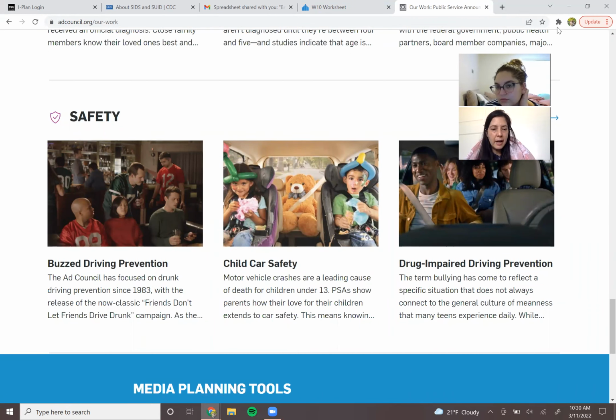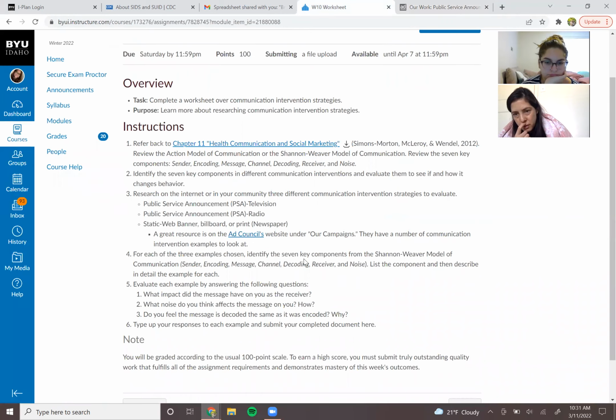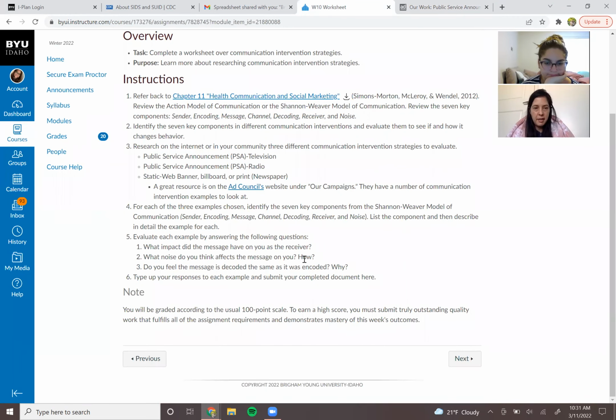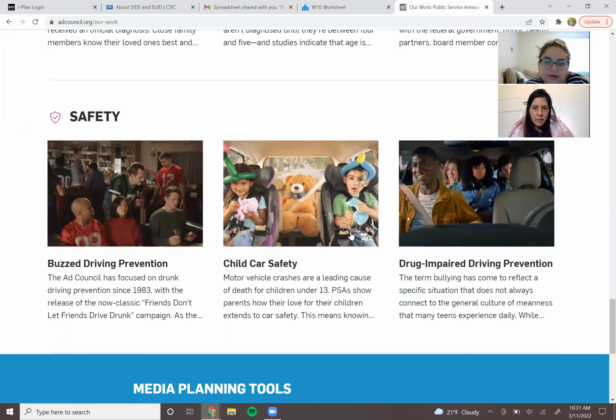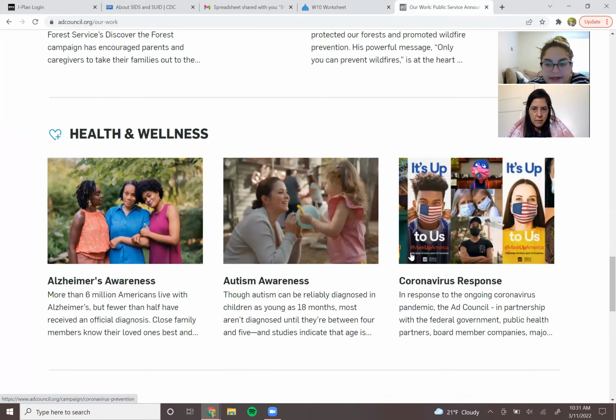I began to do that, and I found the one I was trying to find. Oh, the suicide one, I think. I love public health things, so I might do health and wellness, maybe autism.